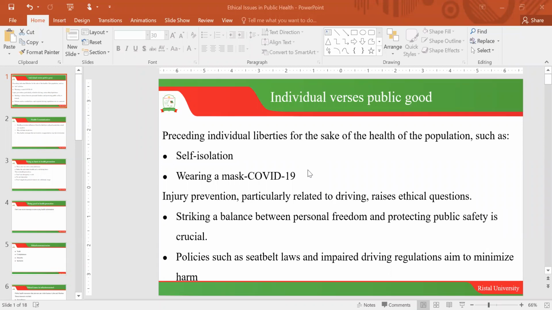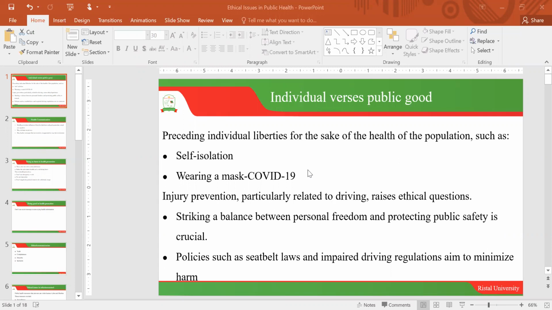We are going to look at the practical issues that we can face in the practice of public health and how we navigate those practical situations.